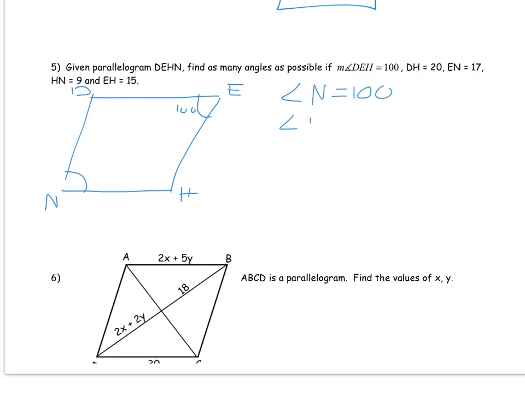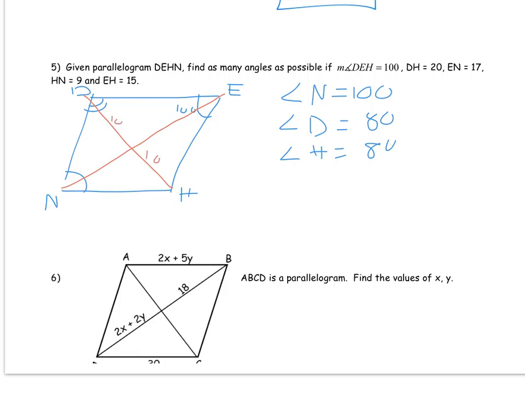I know that angle D and angle E are supplementary. So for now, I'm going to call angle D 80. And angle H is going to also be 80. And all of the other information they're giving me, I can't really do much with it. DH is 20, so each of these would be 10.